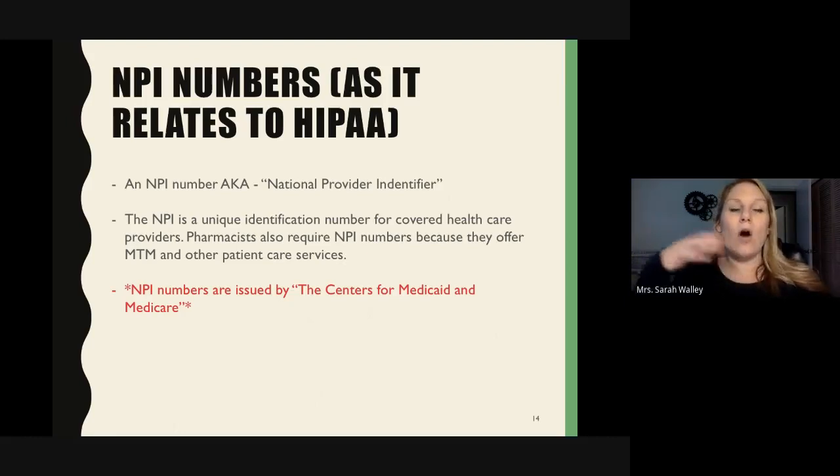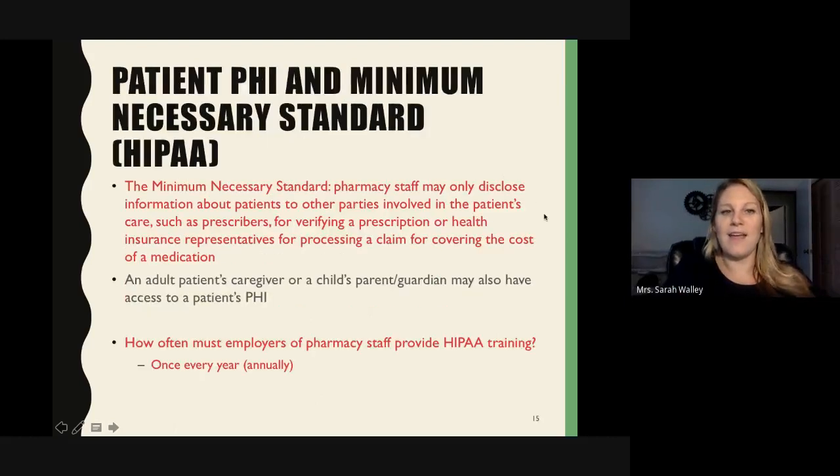They can all have NPI numbers, and they're issued by the Centers for Medicaid and Medicare. One of the main reasons was they wanted to be able to track who was giving out Medicaid and Medicare prescriptions. Any doctor is going to have an NPI number. It's very important, and they want you to know who gives those out: the Centers for Medicaid and Medicare. It's really random, but that's what you need to know.